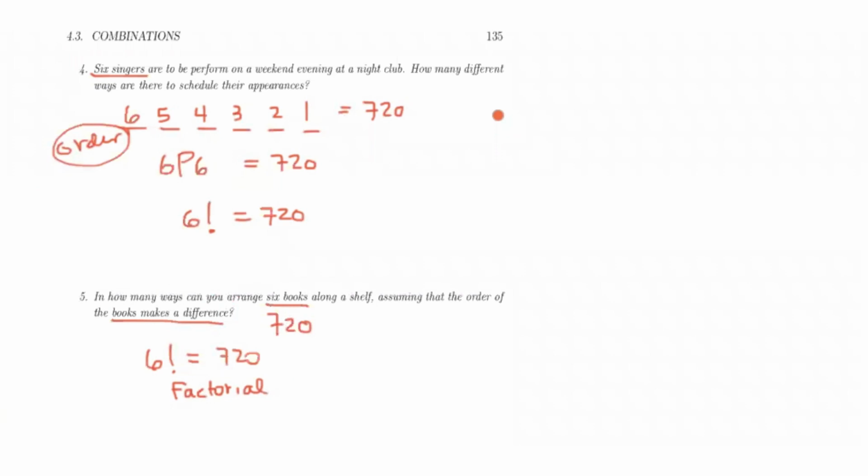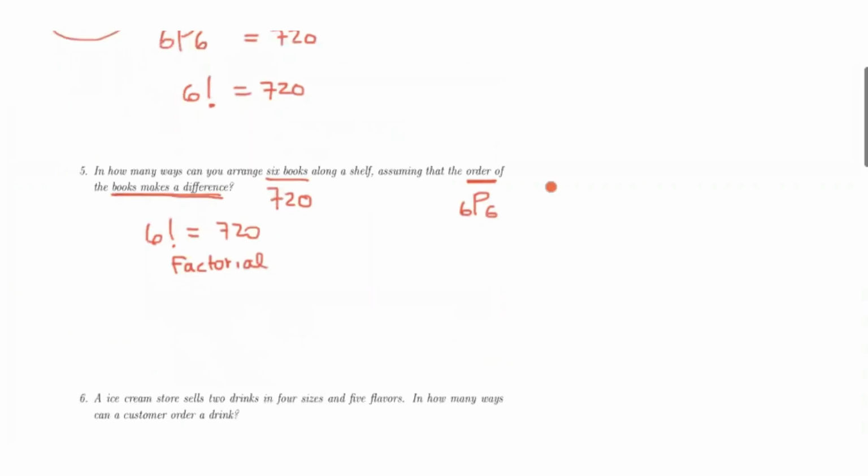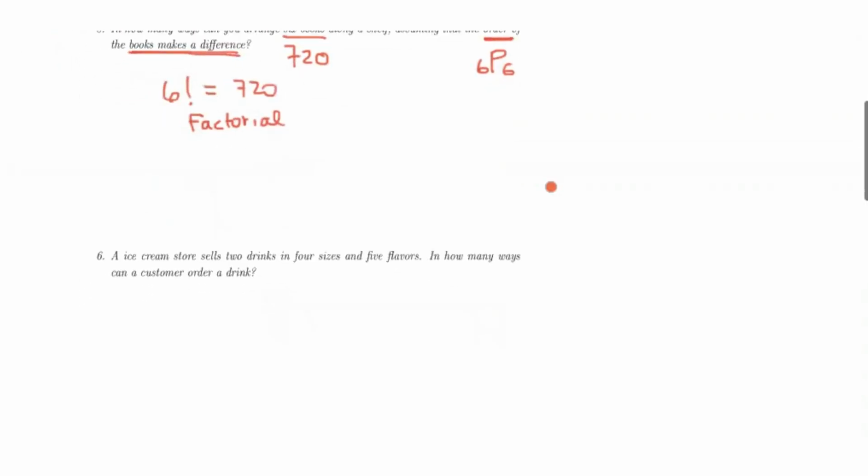Order makes a difference, as you see, so it's a permutation. Same thing, there are many ways to do it. So number 4 and 5 are 2 different questions, but we end up with the same answer, no problem. Let's move to number 6.